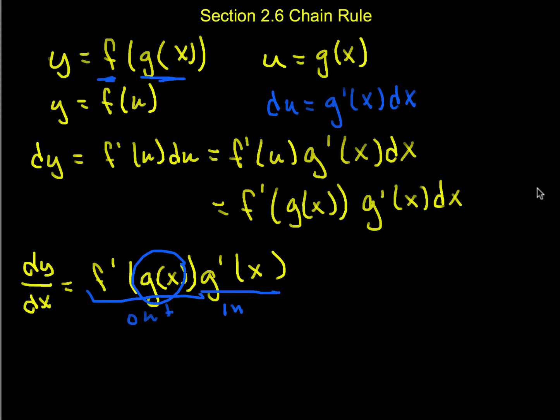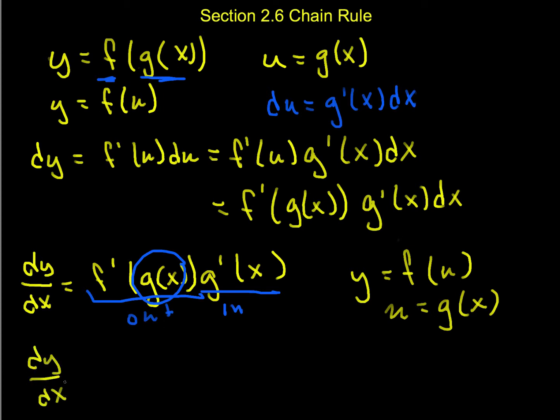Seeing this using Leibniz notation, we know that right up here we've said that y is a function of u, where u is a function of x. So then dy dx is just dy with respect to u times du with respect to x.